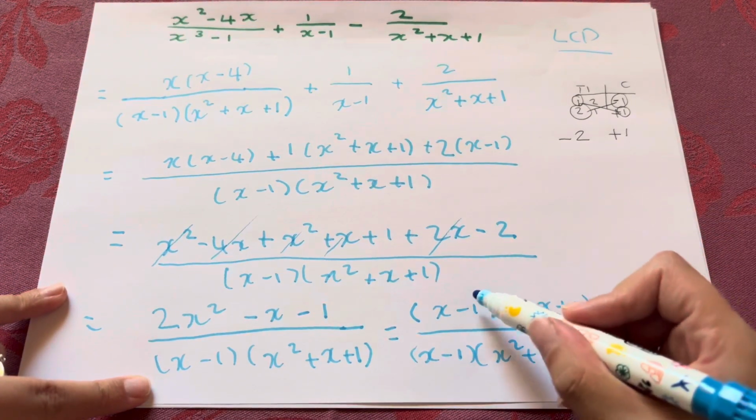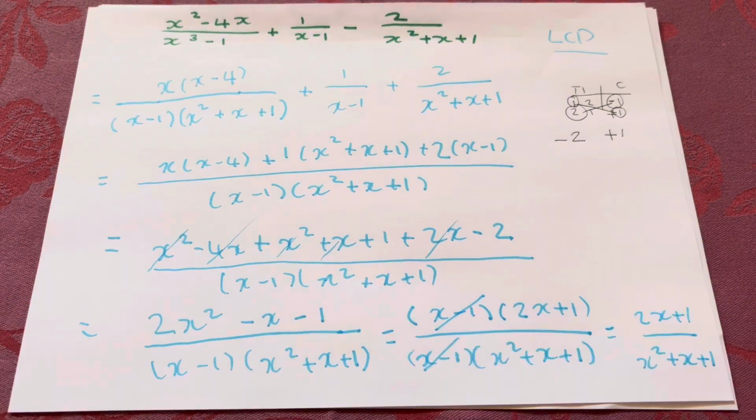And look at that. There's an x minus 1 and an x minus 1, leaving me with this expression right over here. We established that this trinomial wasn't factorizable by inspection, so you are welcome to leave the sum like this. 2x plus 1 over x squared plus x plus 1.